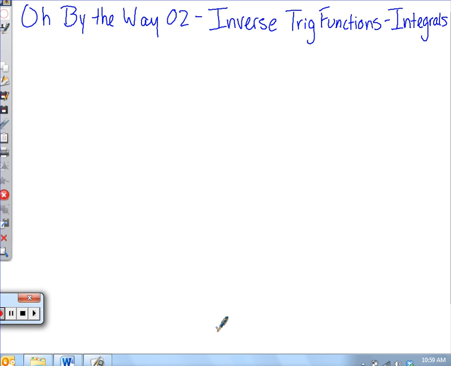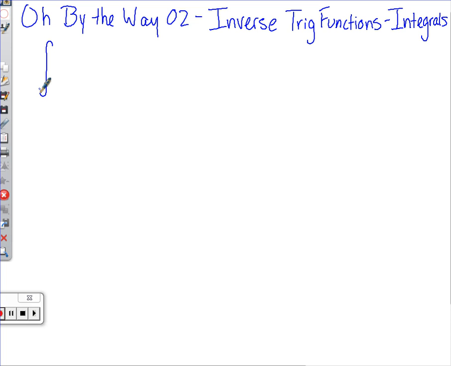So you just learned that if you take the derivative of arc sine, you get 1 over the square root of 1 minus x squared, right? So therefore, naturally, or maybe not naturally, but it might make sense, that if you take the integral of 1 over the square root of 1 minus x squared dx, you should get arc sine of x plus c.